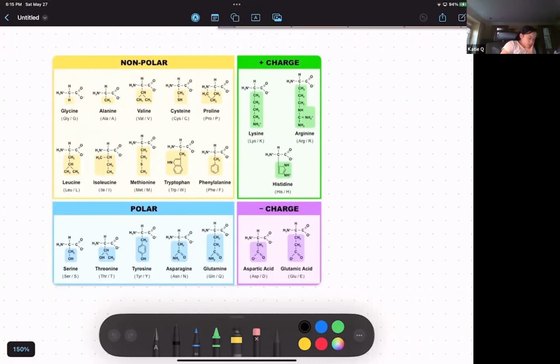So the structure of a protein is extremely important because structure basically directly translates to function of the protein. And if any part of your structure is wrong, then it just won't work. Like imagine trying to fit a wrong key into your doorknob. It just won't work.